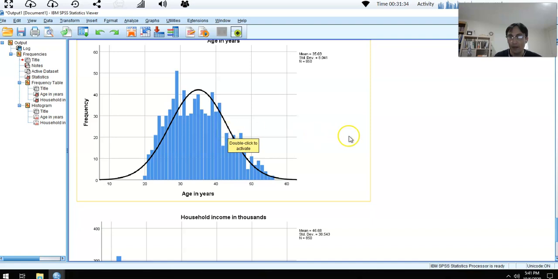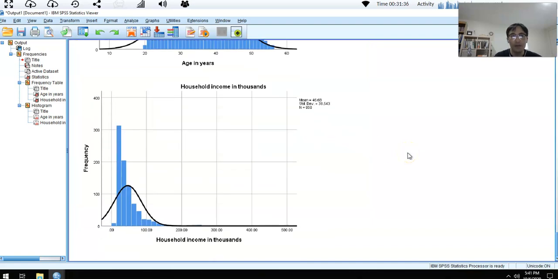What I mean, look at this income. This is the normal curve, and now it is far off from the normal curve, right? Such as you have 446 and like this, a very small number of people scattered around here, and many people piled up here in the lower range.